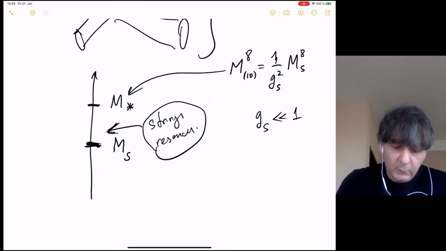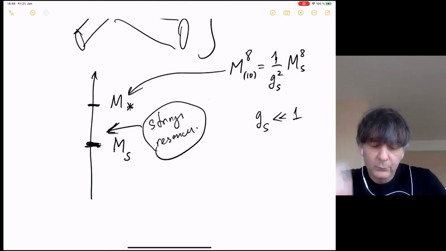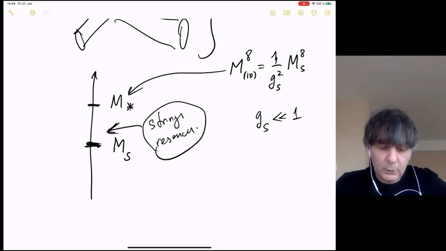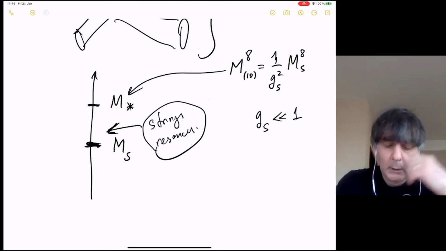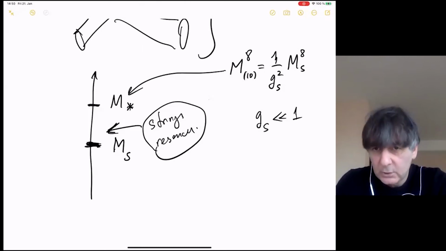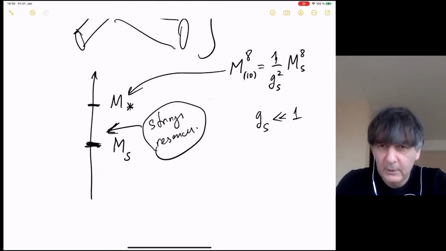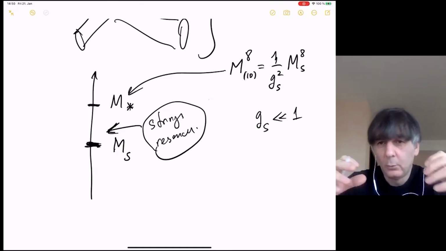So this is as far as signals of the solution of the hierarchy problem by lowering the cutoff are concerned. Unfortunately, the energy of the LHC is not sufficient for producing a black hole which is well classical.